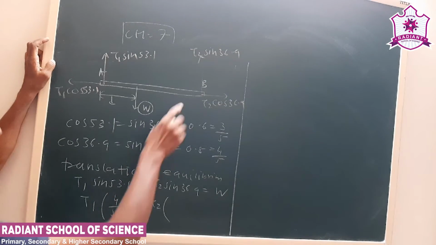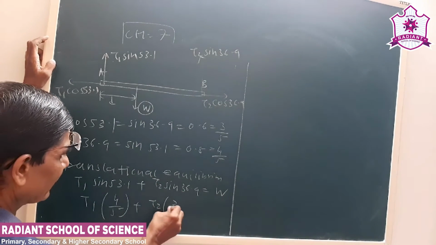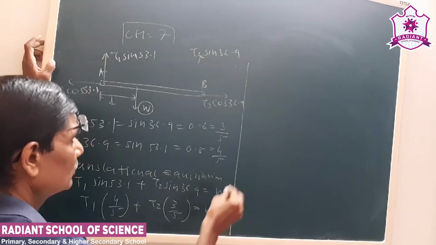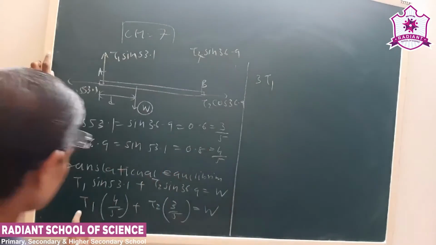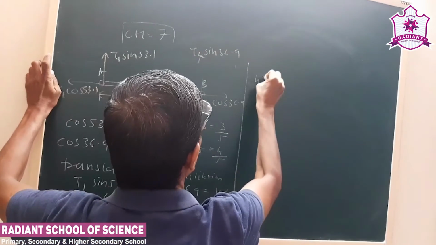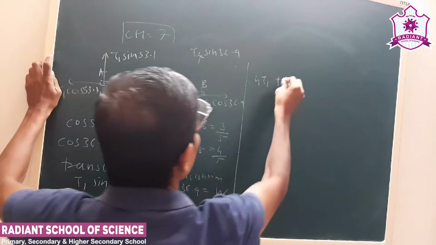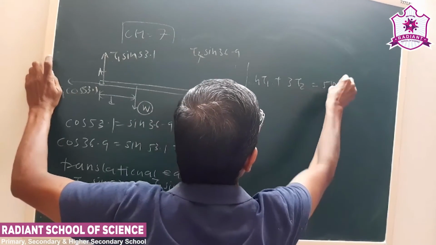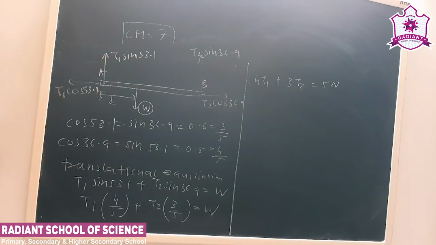T2 sin 36.9 is 3 by 5. So what I can write is 4T1 plus 3T2 is 5W.